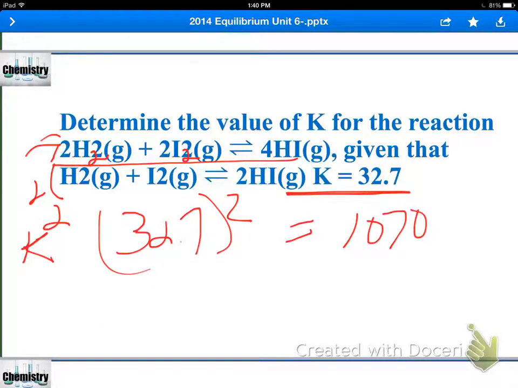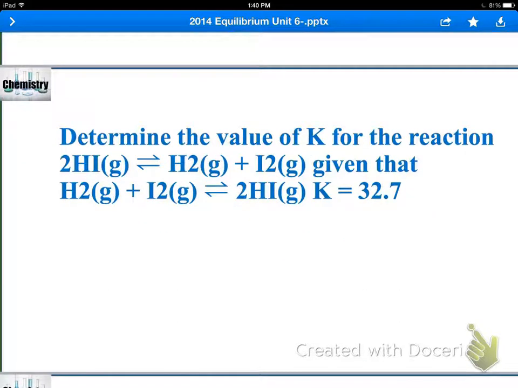Okay? And let's take another look at the next one. Now if I have 2HI giving me H2 plus I2, given the same H2 plus I2 gives 2HI. So it looks like you're going to have to figure out the answer, and then I'll come back and explain it. Okay, so all I'm doing here is reversing this equation, right?